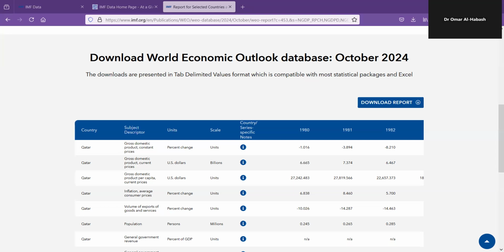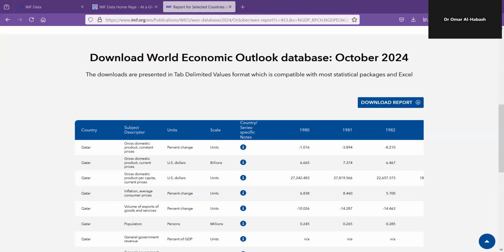We have also the volume of exports of goods and services. Since we're talking about Qatar, one of the crude oil exporting countries, that will have a massive impact.